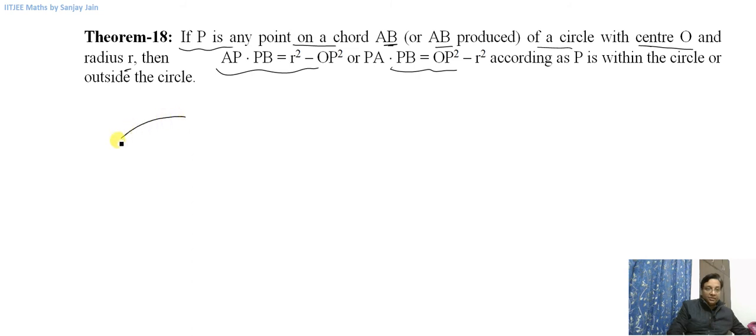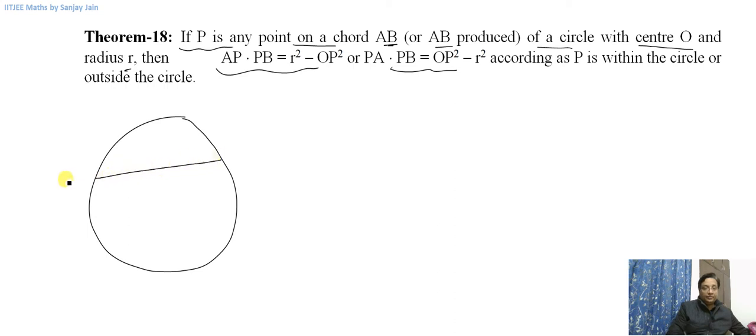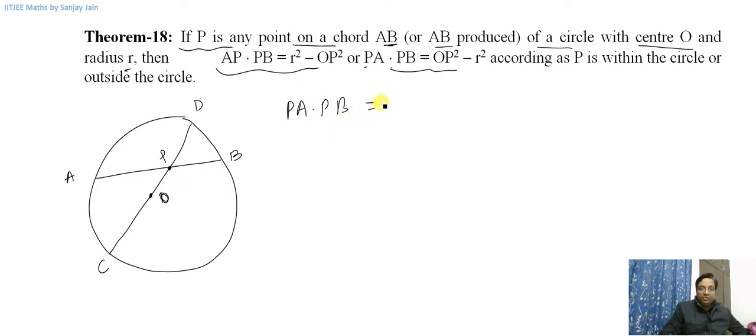So let us take this chord AB and another chord CD which passes through the center O. This is point P. According to the secant property that we just proved, PA into PB is equal to PC into PD.